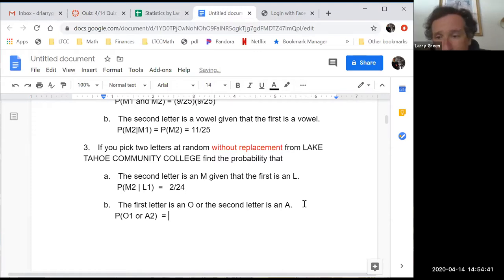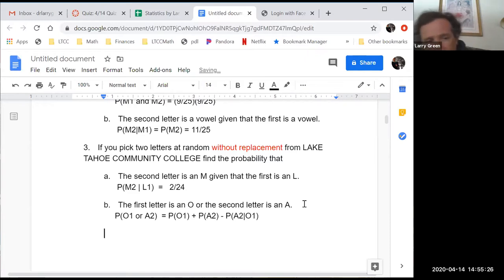So remember, there was a formula, and that was the probability of A or B is the probability of A, which is probability of O1 in this case, plus the probability of A2, and then minus the probability of O1 given A2. And actually, I'm going to go the other way around. I'm going to go A2, a little easier to think about, given O1. Okay, you can do either order because O1 or A2 is the same as A2 or O1. Exactly the same thing. It's a little easier to think about it this way.